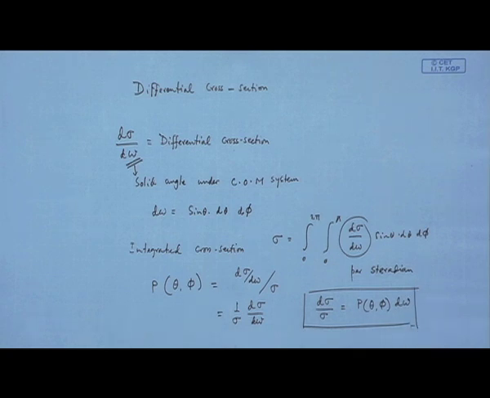So it is nothing but the probability of finding the product scattered into solid angles between omega and omega plus d omega. In a given solid angle, the probability of finding your product is given by this p theta phi d omega.